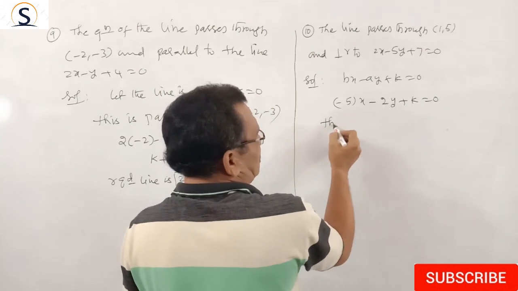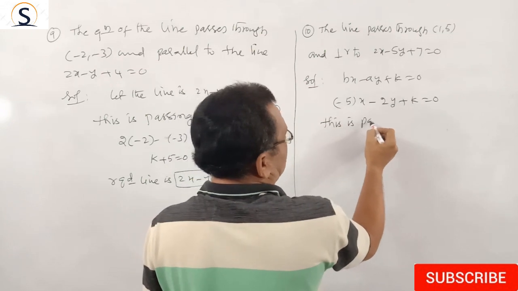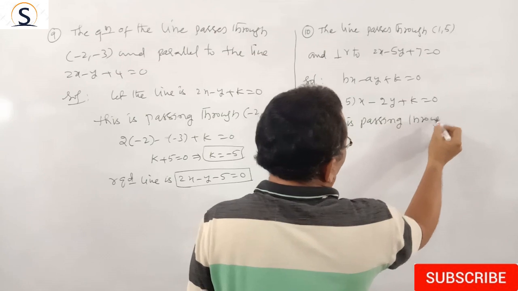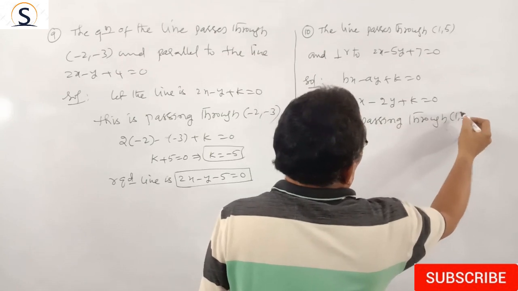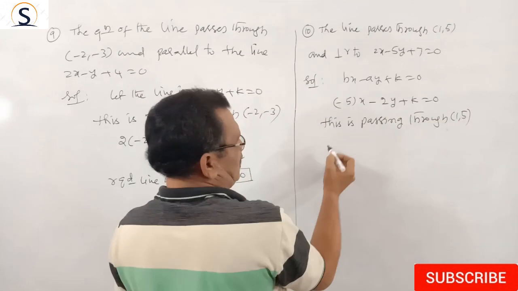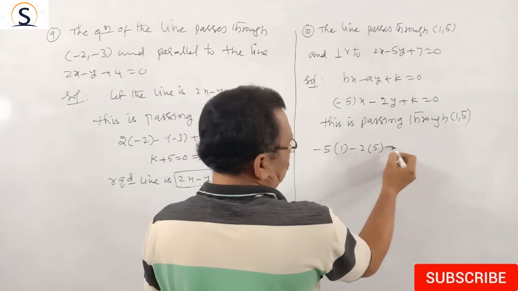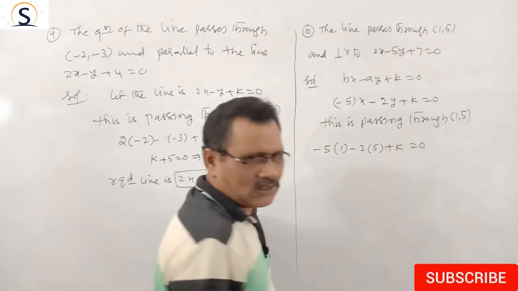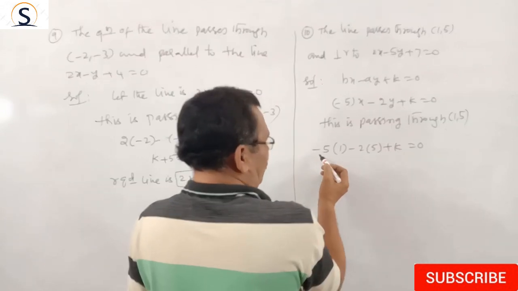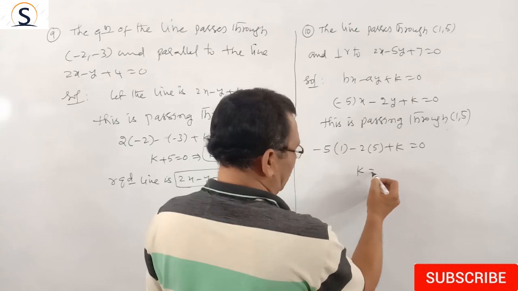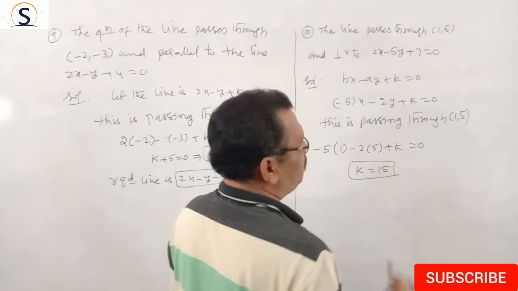Now this is passing through the point 1, 5. Therefore, substitute x is equal to 1 and y is equal to 5, plus k is equal to 0. We will find k. Minus 5 minus 10, minus 15 will be going that side, plus 15. K is equal to 15.